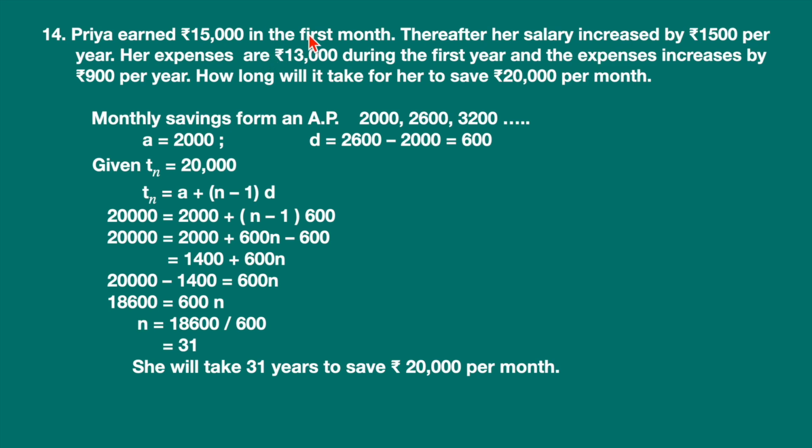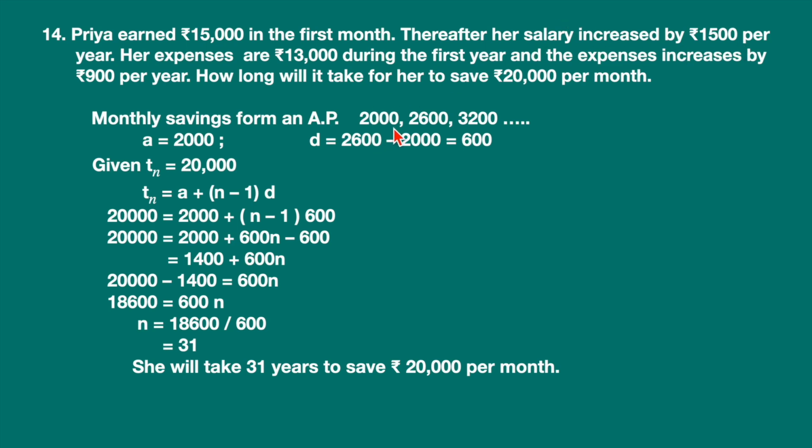Then next year her salary increased by 1,500, but her expenses increased by 900. So how much did she save extra? 1,500 minus 900, 600 rupees she could save extra the next year. She is already saving 2,000, but next year an extra 600 she can save.